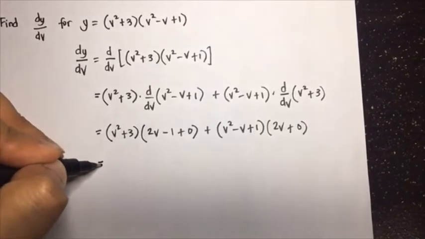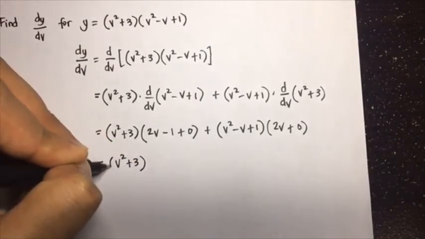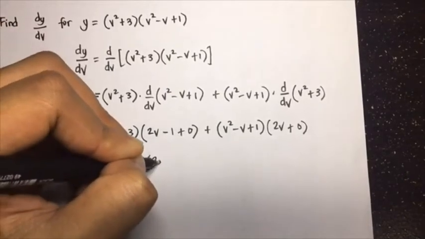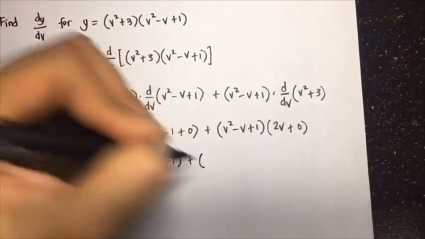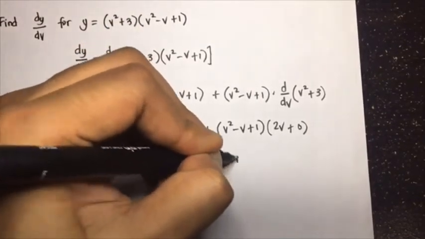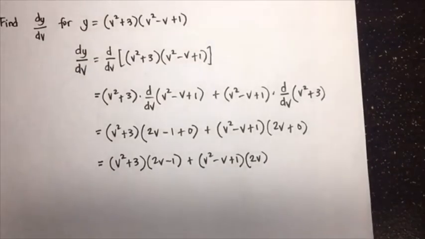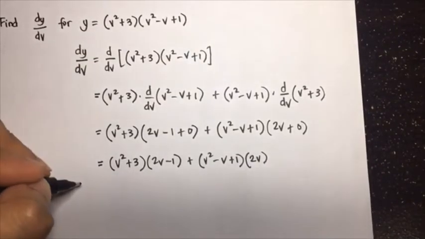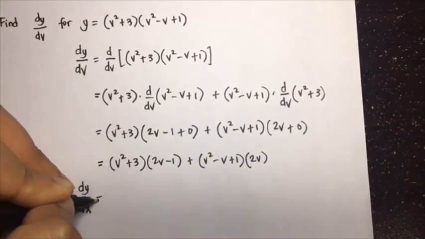Okay, so let's simplify. So we have v squared plus 3 times 2v minus 1 plus v squared minus v plus 1 times 2v. So it's up to you if you want to expand that.